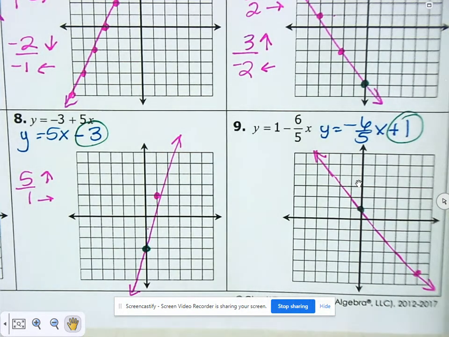All 1 through 9 were already in slope-intercept form. Now, flip it over.